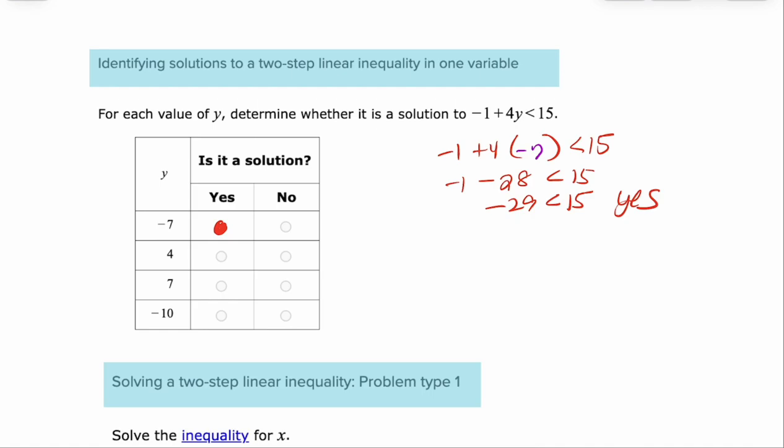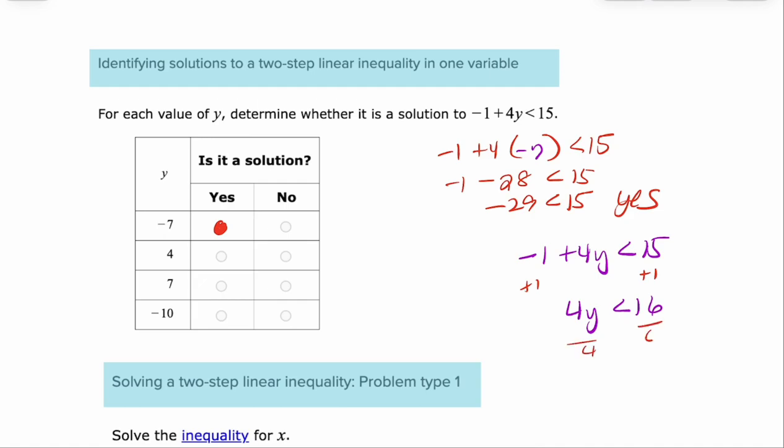And we can keep going with that very thing, but watch what happens when we solve this for y. Now, the only rule we got to remember is if we divide by negative, flip the symbol. Otherwise, it acts exactly like any equation. So I would add 1 to both sides. So I get 4y is less than 16.